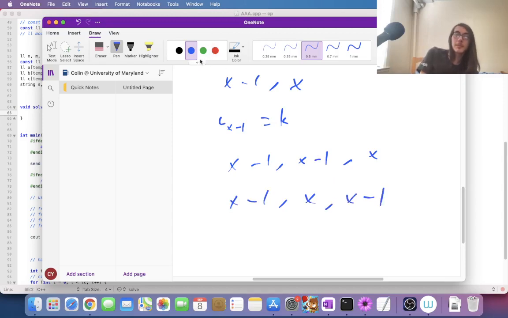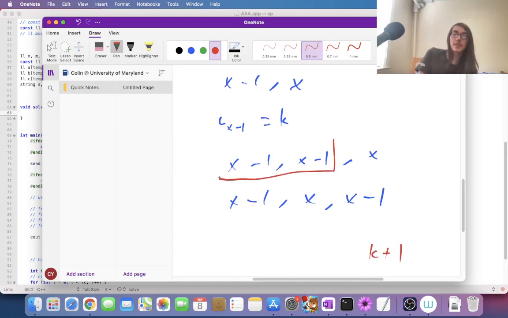So how many permutations are there where x is last? Well, x can really be in any position, and it has an equal number of ways to be in any position. So there are k plus 1 positions, because we have all these x minus 1s and we also have x.